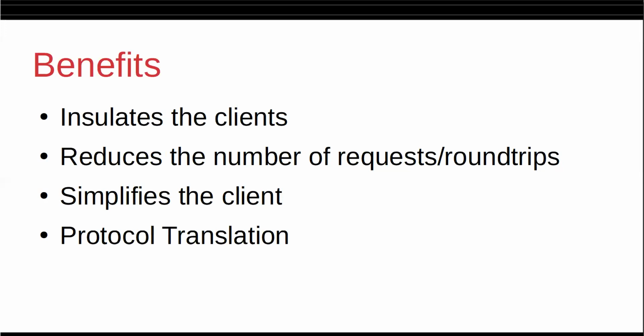It provides the optimal API for each client. It also reduces the number of request round trips. For example, the API gateway enables clients to retrieve data from multiple services with a single round trip. Fewer requests also means less overhead and improved overall user experience.